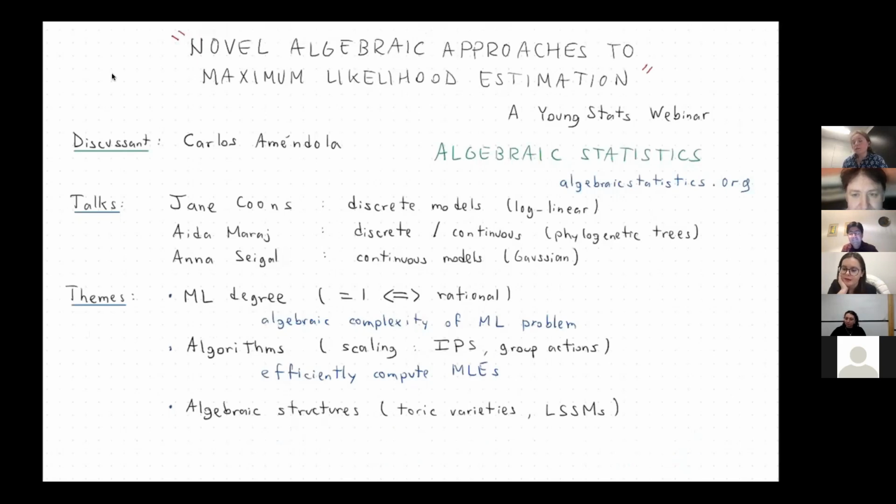To follow up on the conversation about algorithms and computing the MLEs, and whether ML degree is a good notion of how difficult it is to find an MLE: there are some situations, as Carlos and Jane both mentioned, where ML degree 1 gives convergence in finitely many steps of some algorithm with an appropriate choice of order.